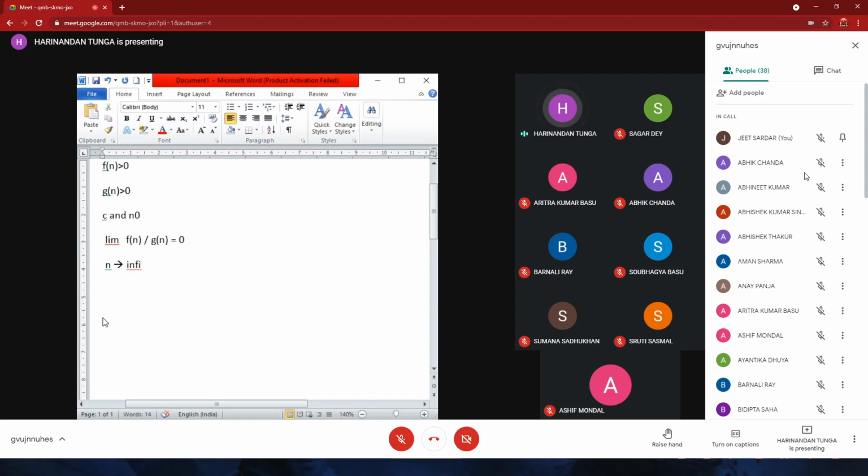Then we can express Fn equal to little o of Gn.